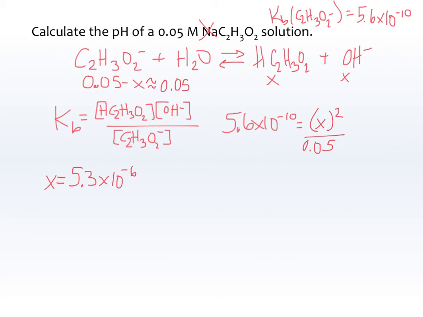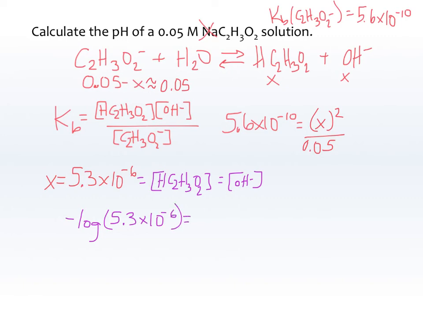So now I'm going to take that X, which is equal to HC2H3O2 and OH minus. If I take the negative log of that, I'm going to get 5.27.